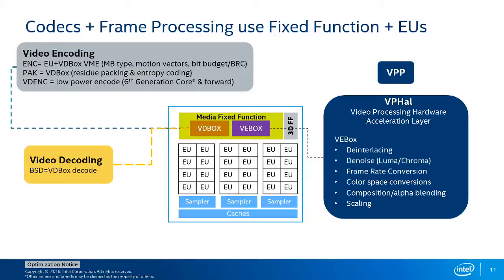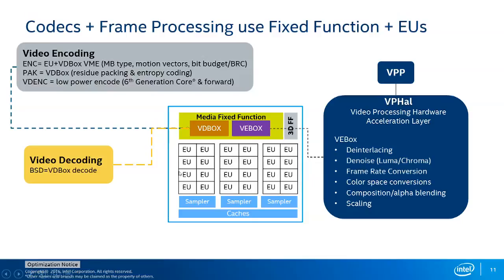The ENC is the motion search, which is also a macro block type, motion vectors and sometimes bitrate control. Then there's the PAK, which is kind of the end part of the encode, which is the bit packing and entropy coding. And now we do have a path that doesn't even need to touch those EUs.